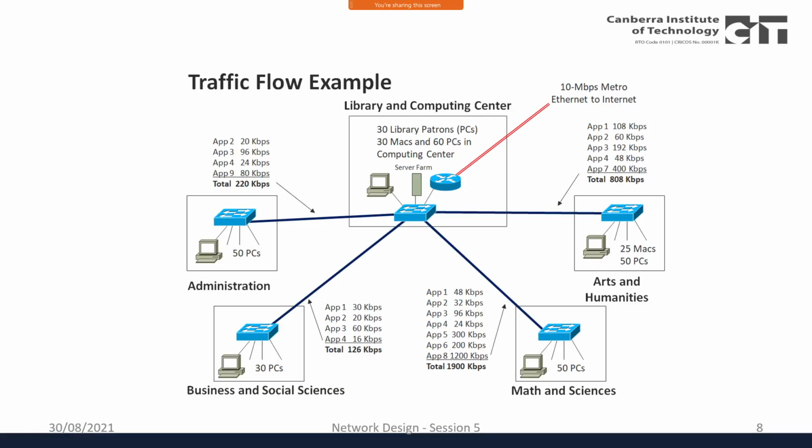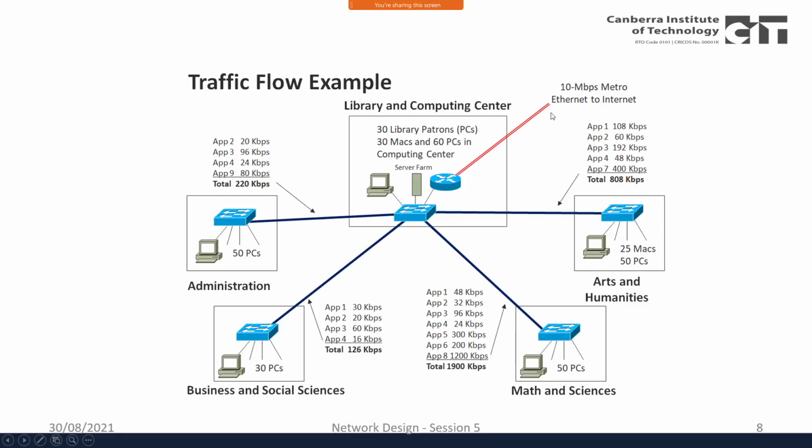In order to do that, we need to understand the traffic flow, right? If all these guys at a certain point in time have to access resources on the internet, they will all have to go out this way, correct? So they all have to go to the router first, and then go out to the internet.